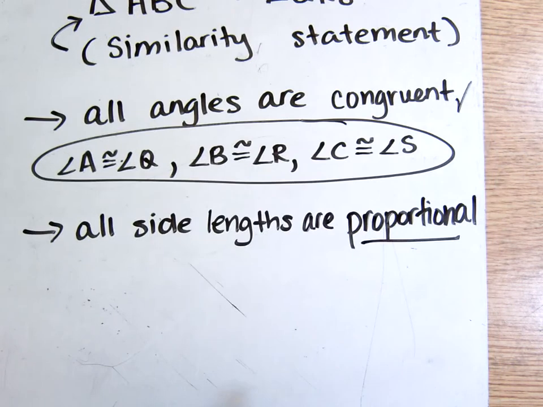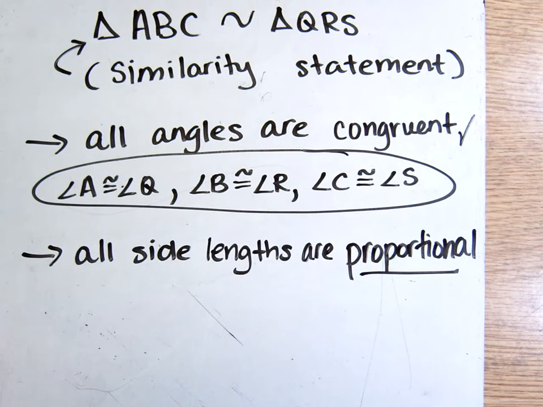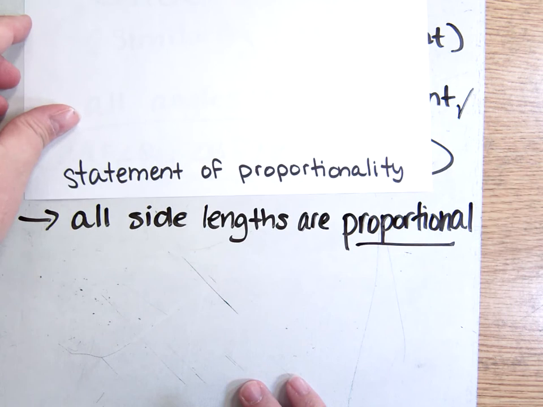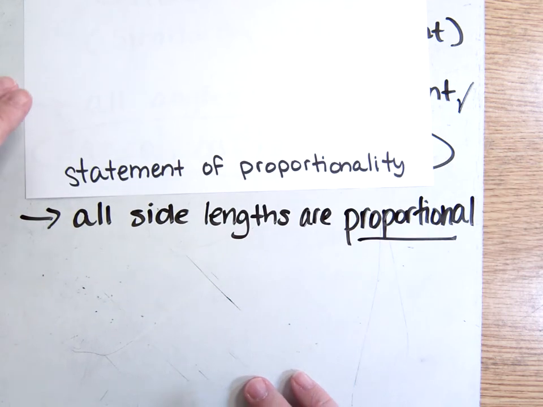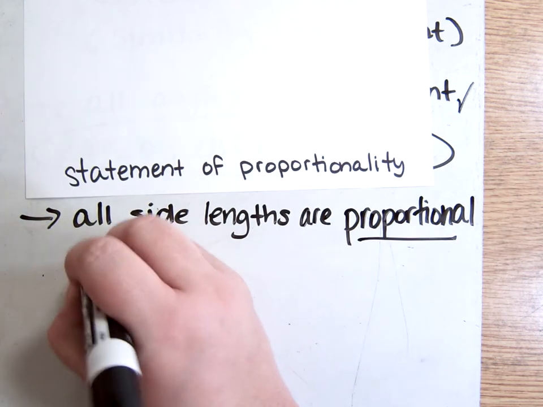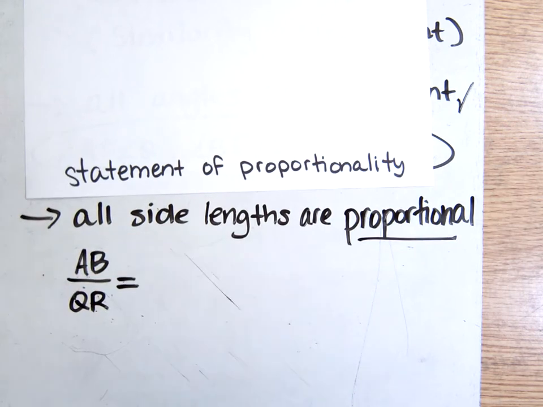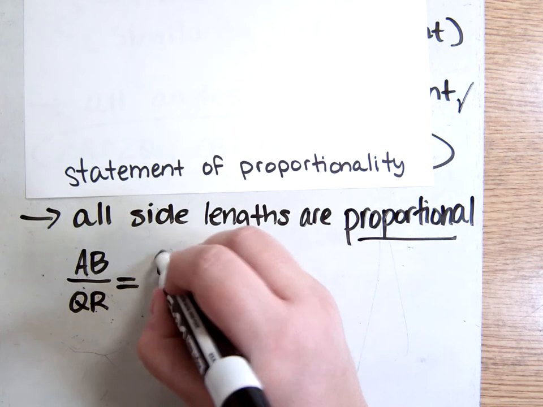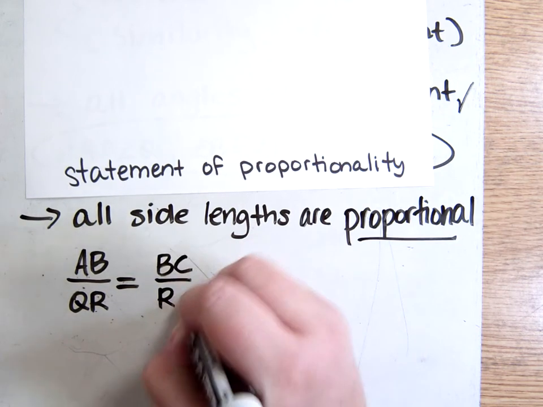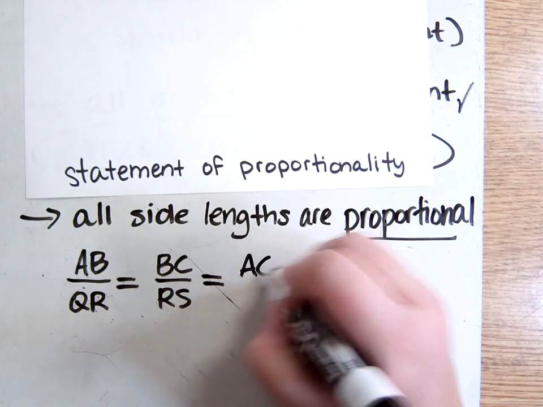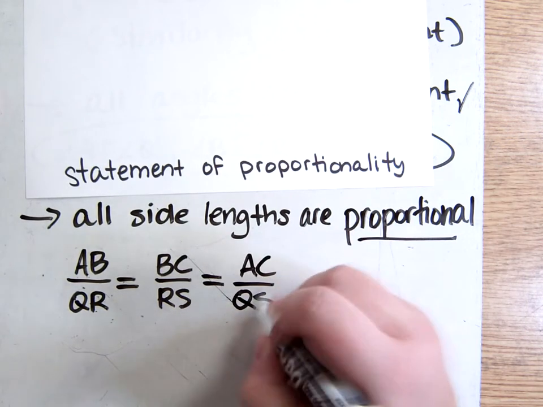How do I indicate that? To say that side lengths are proportional, I do something that is called a statement of proportionality. Statement of proportionality goes like this. The ratio of AB to QR is the same as the ratio of BC to RS, and that's also the same as the ratio of AC to QS.